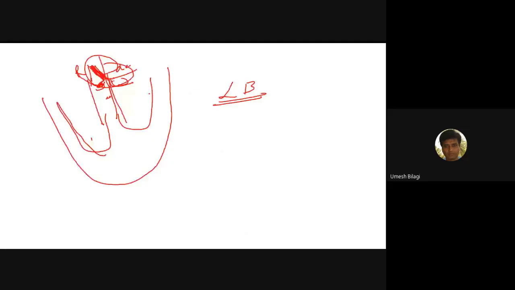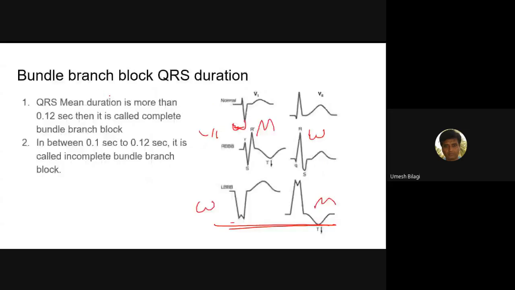Normally, a small R wave in V1 is seen and a small Q wave in V6 is seen in normals. In V1, usually it goes like this.